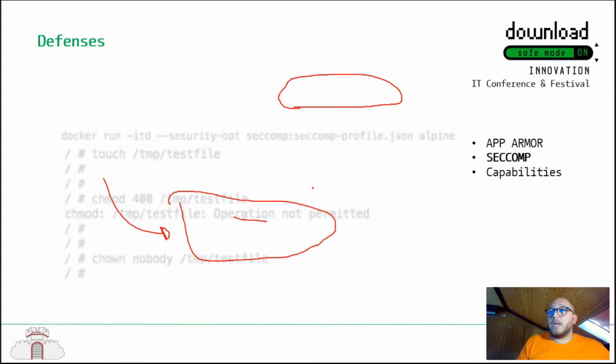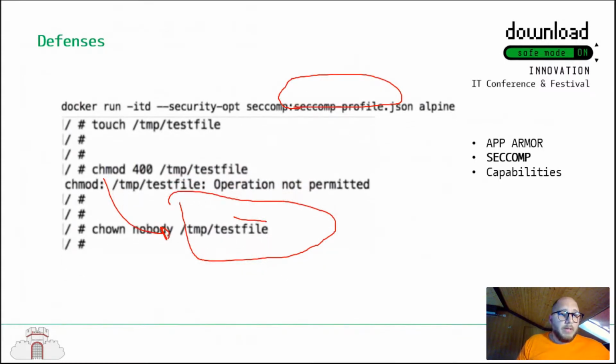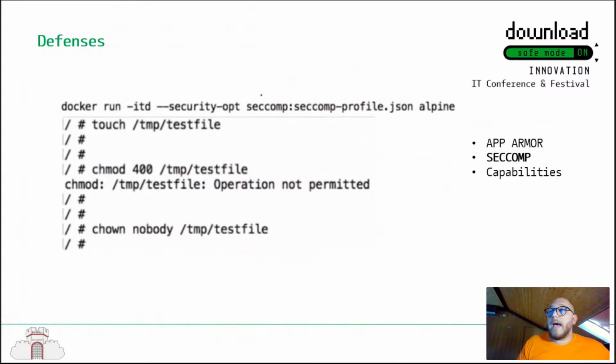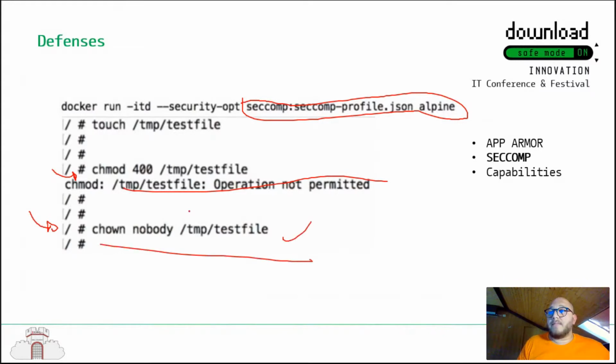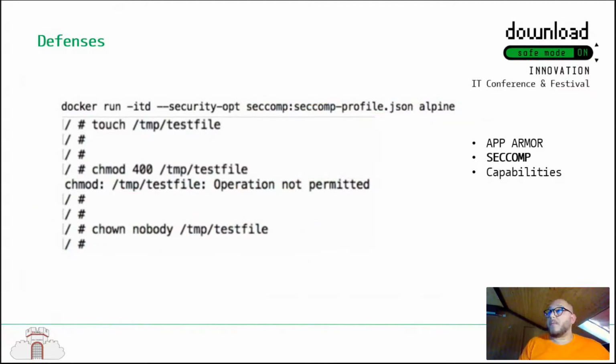If we apply the profile to our container, we see that chmod is forbidden and not able to be used, but chown, as we saw before, is available. So you can be very granular with this kind of tool, right?